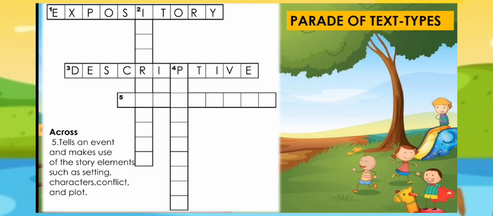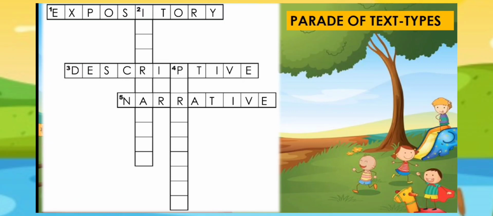This text type tells an event and makes use of the story elements such as setting, characters, conflict, and plot. What text type is this? The answer is narrative. Let us now proceed to the down puzzle.